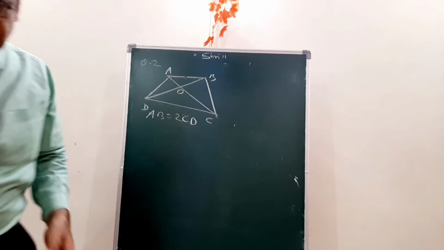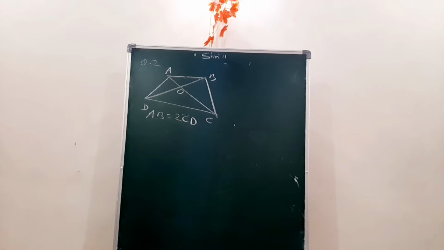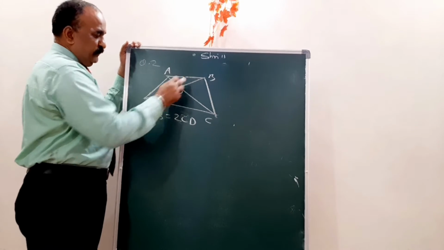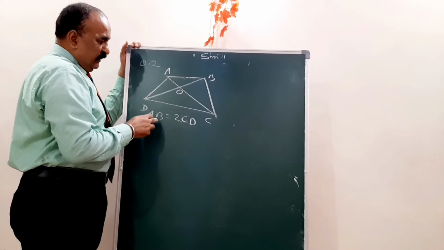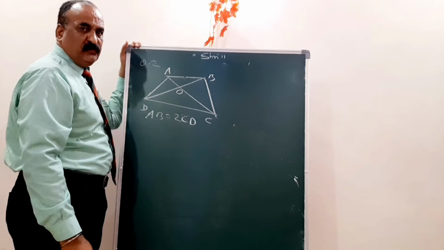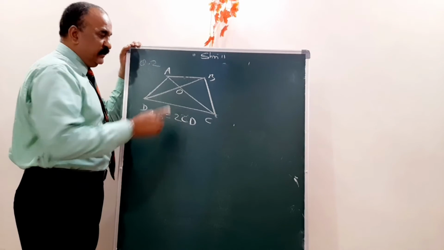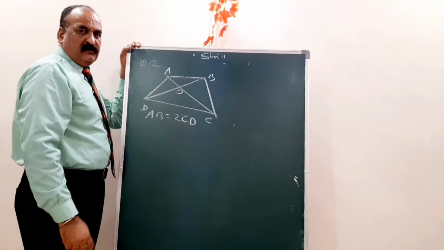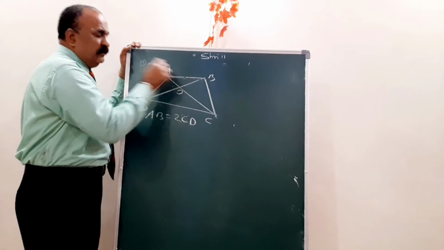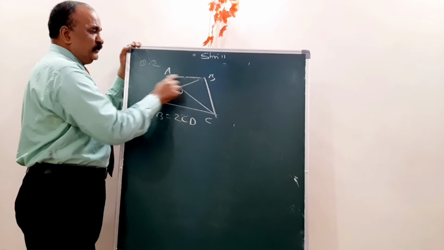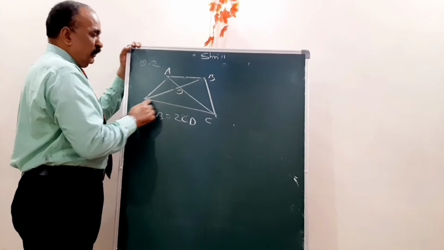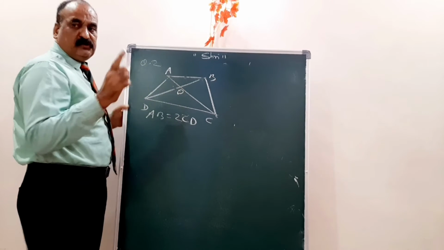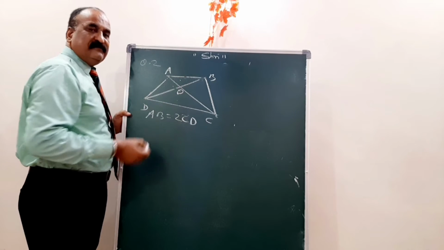See, in this question, what is given to you? AB is parallel to CD and AB is equal to CD given to you. And you have to find the ratio of the area of triangle AOB upon area of triangle DOC. Okay, what you have to do? Let us see. First you have to show these two triangles are similar.